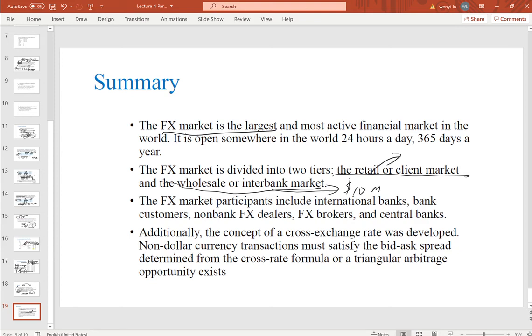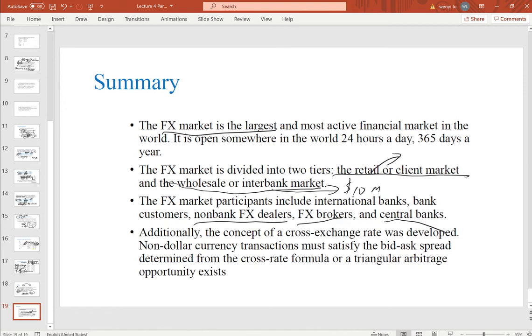Foreign exchange market participants include international banks, bank customers, non-bank foreign exchange dealers, FX brokers, and central banks. So you can say most banks are participants of the foreign exchange market.